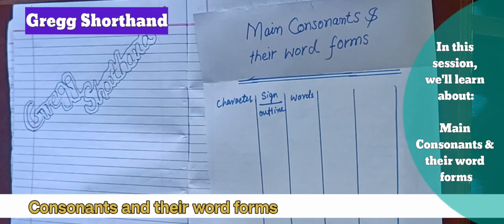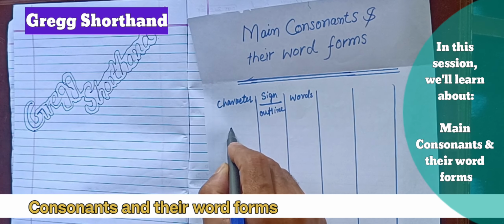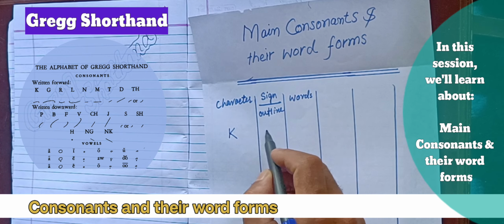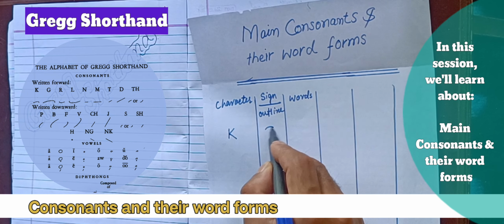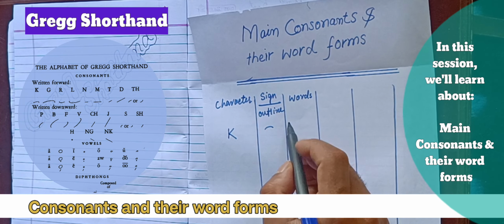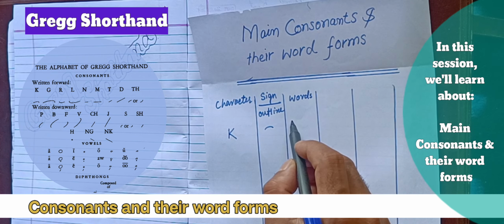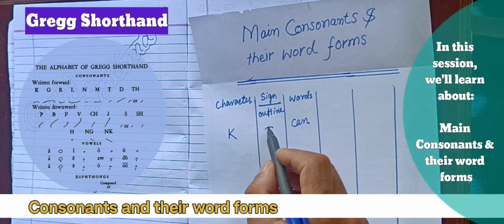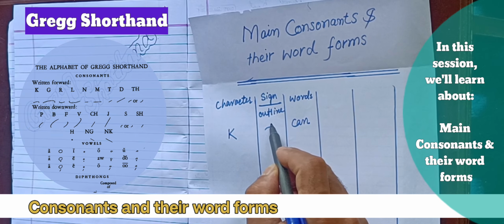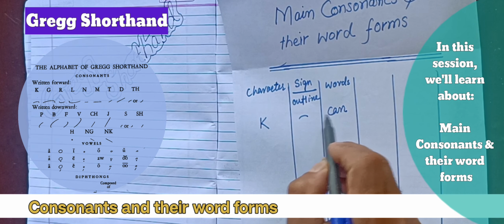First of all, I write K, and for that we have the sign K, if you remember from the first session, and the word that this particular sign represents is the word can. Whenever you see this symbol written in Gregg Shorthand anywhere, this means can.